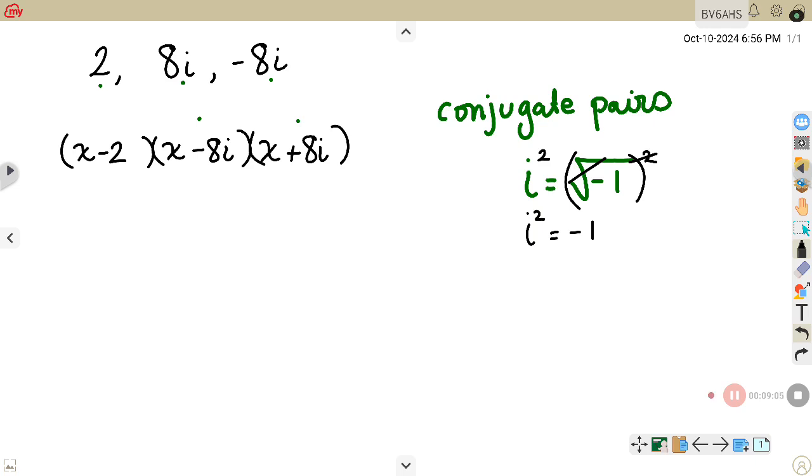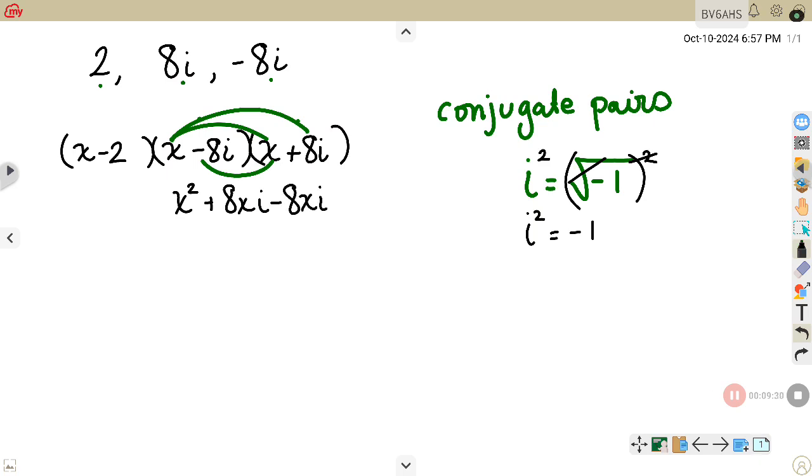So here, when I FOIL my first, x times x gives me x squared. My outer, x times positive 8i, gives me positive 8xi. My inner gives me a negative 8xi.